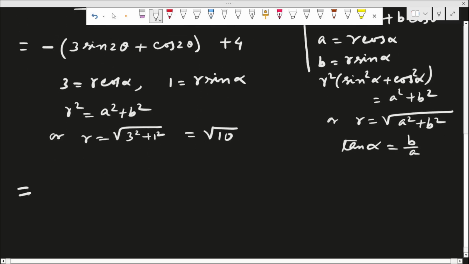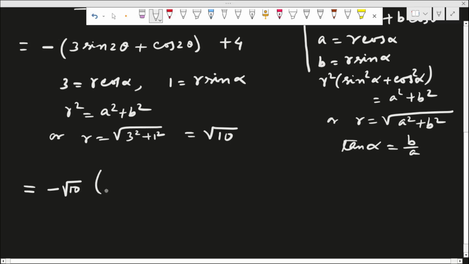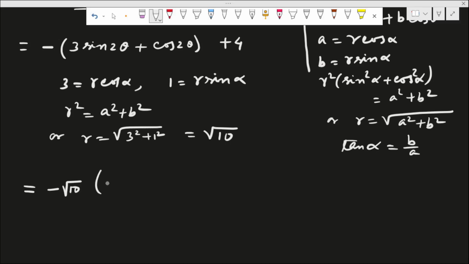So the last step can be written as, R taken out common, minus R means root 10, with cos alpha, root 10 taken out common, sin 2 theta.